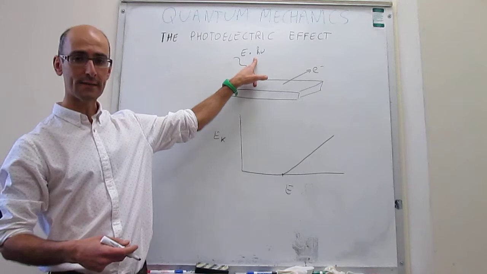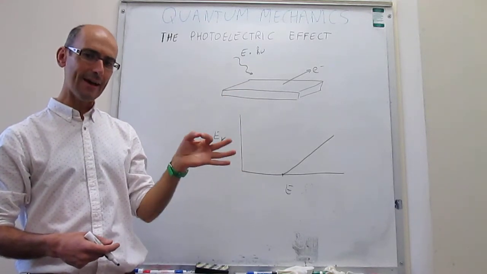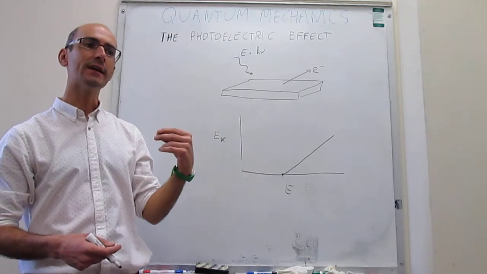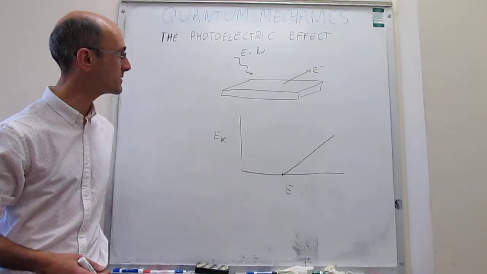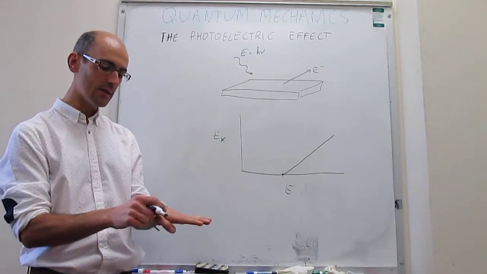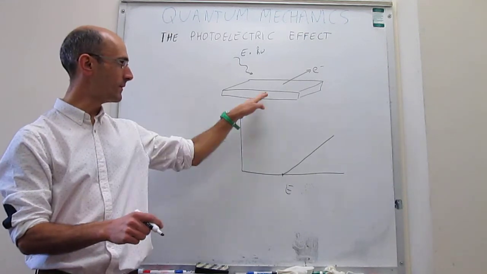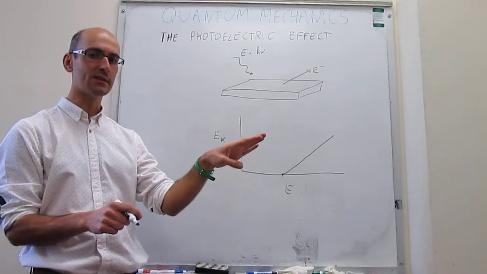Alright, again, this is a photon that has a very well-defined energy, and even though it does not have a mass, it has some particle properties like being able to collide with other particles. So this photon arrives at the surface, and if the energy with which it collides with the metal surface is not large enough, then it's not going to be able to dislodge an electron.